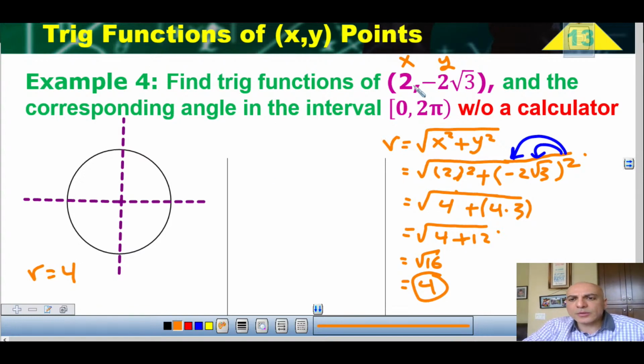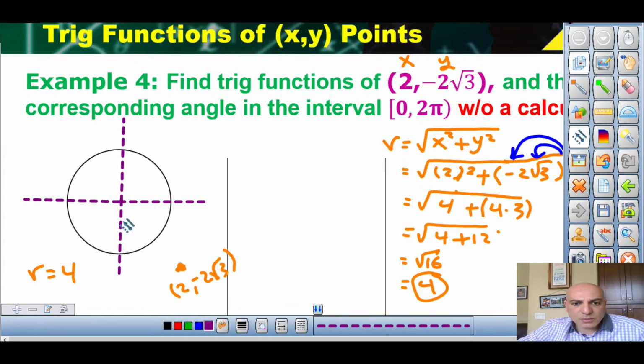The point that we're trying to graph here is 2 comma negative 2 square root 3. I don't know exactly what the angle is, but I know it's 2 over here, negative 2 square root 3 down here. So it lives somewhere here. Okay, so that's this point.